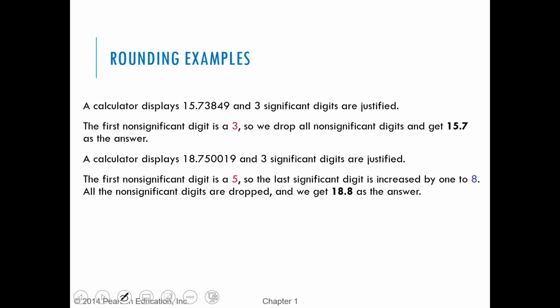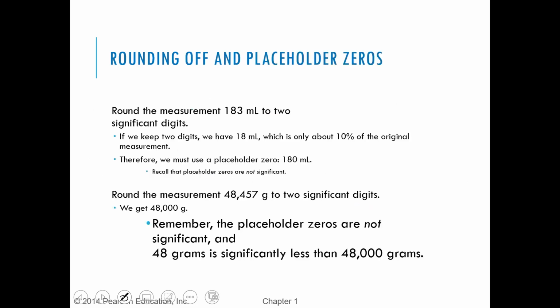So, if this is what my calculator displays, and I know I only need 3 sig figs, I am going to go 1, 2, 3. Will that 3 do anything to my 7? No, it's going to be left at 15.7. If my calculator displays 18.7500019, that 5 is going to round that up to 18.8.